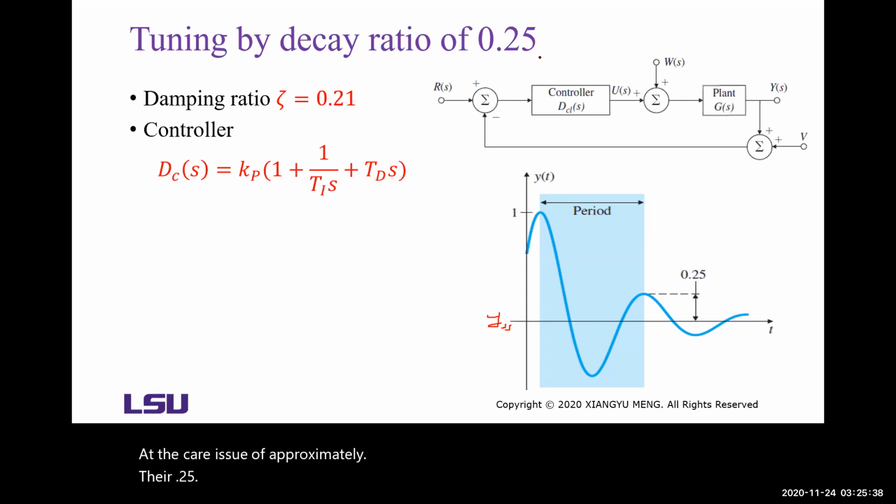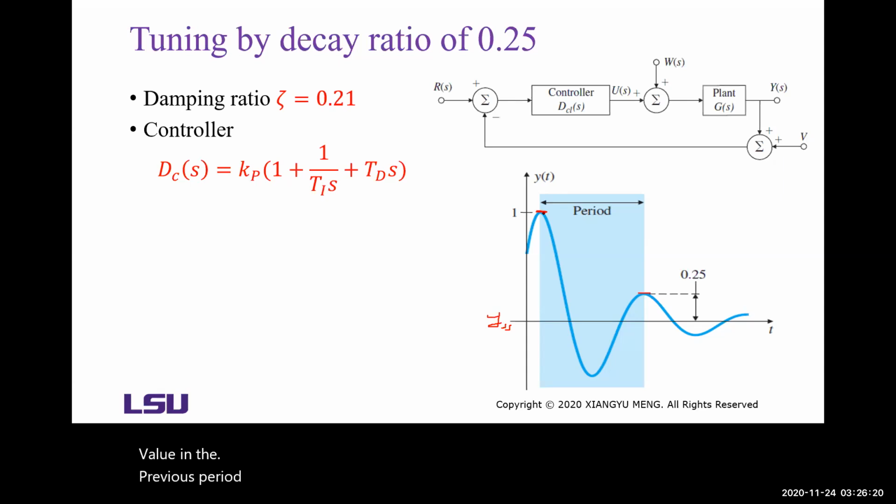This means that the response decays to a quarter of its value. If we assume the value here is y-SS plus 1, then after a period of oscillation, its value decreases to 0.25, a quarter of the highest value in the previous period.